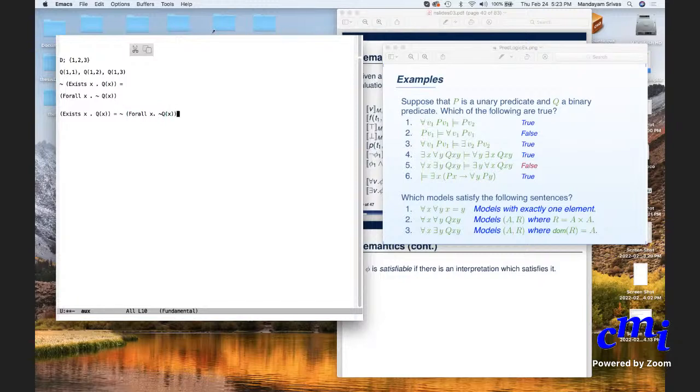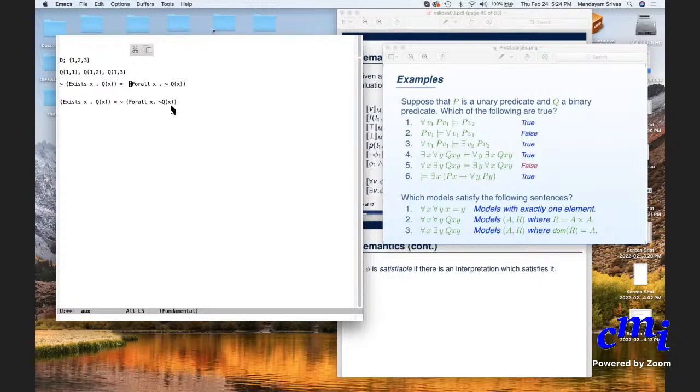Yes, and it came out to be true. Yeah, so this is also okay. So for all x, yeah, so that is also fine. So for all x not of q of x, that's the negation of exists, as we have seen here. So he's taking double negation. This thing is negation of exists, so he's taking another negation, so this is fine.